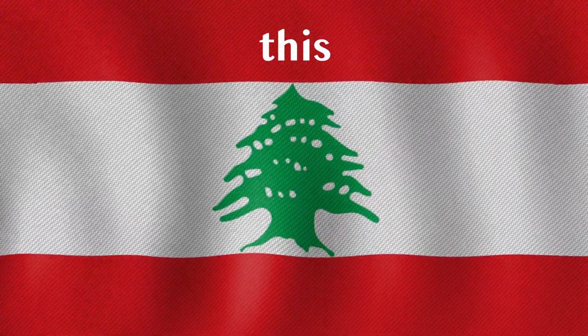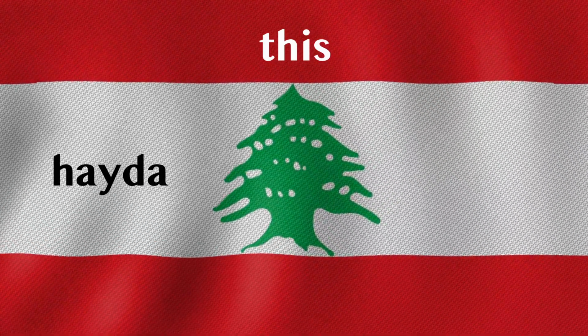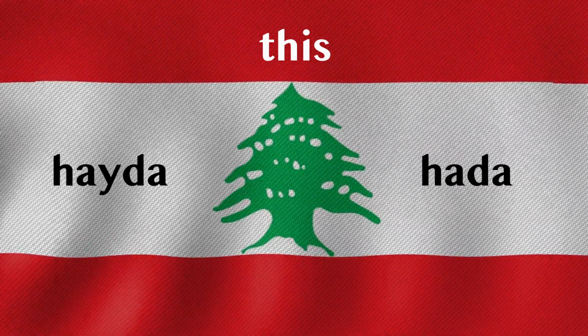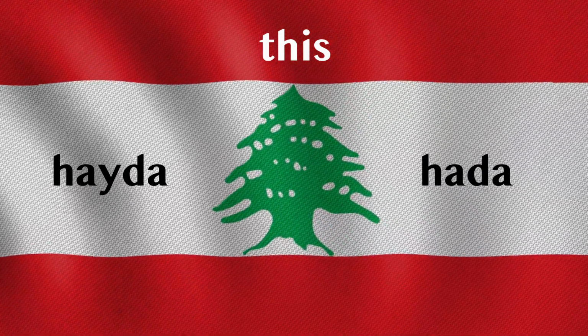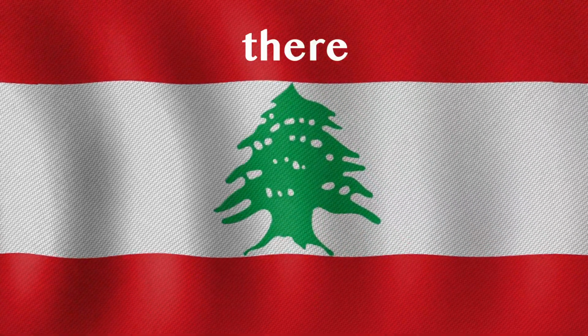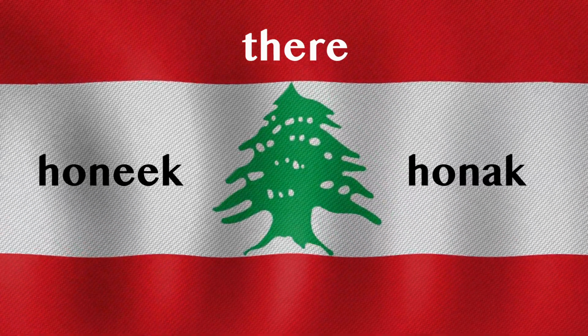Here are some other examples of vowel differences with Lebanon's sister country, Palestine. For the word this, a Lebanese person would say hayda, while a Palestinian would say hada. Hayda, hada. For the word there, a Lebanese person would say hunik, while a Palestinian would say hunak.